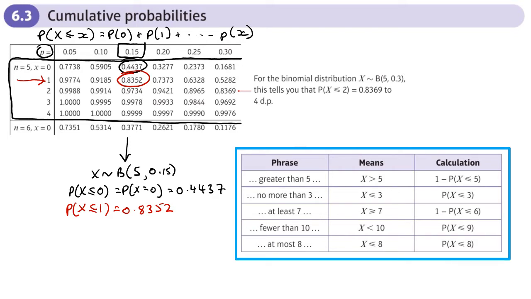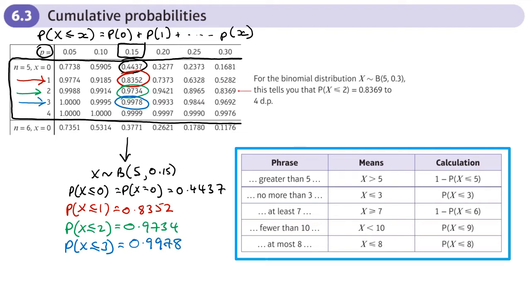Next row down, different color. So this gives us the probability of x less than or equal to 2, which would be 0.9734. Next one down in blue, that's the probability of x less than or equal to 3. So this is giving us these cumulative probabilities. This is a quick way of finding the probabilities up to a value of x.